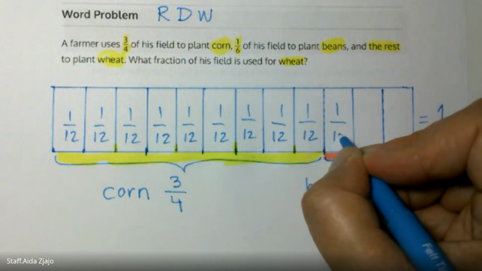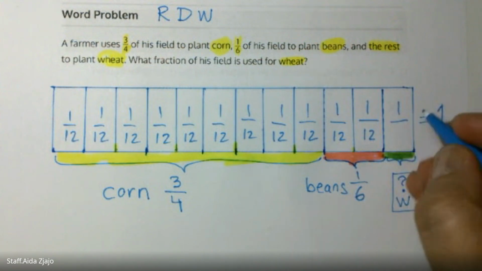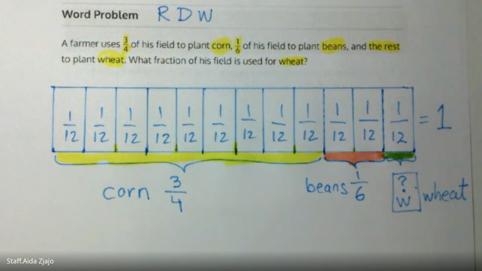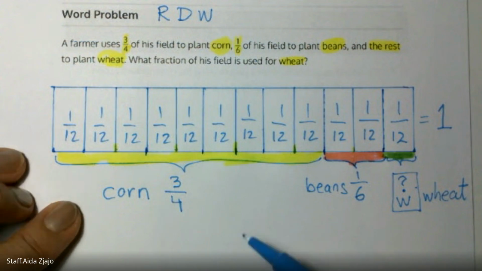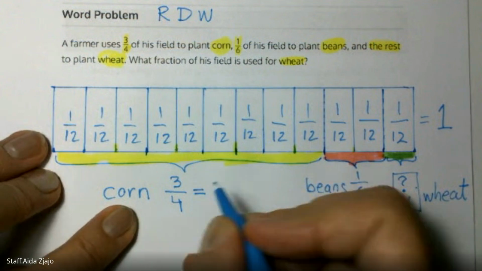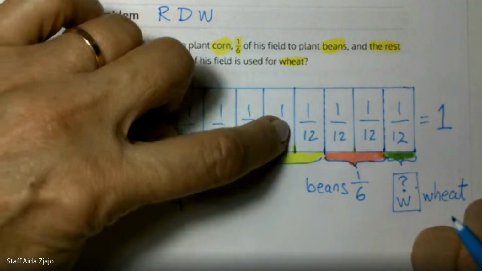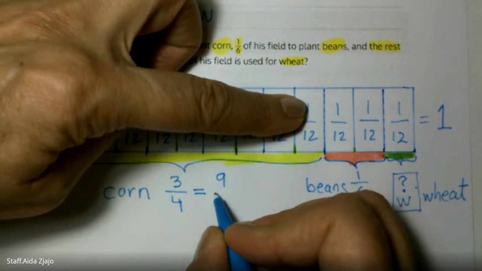When I have equivalent portions of the field, I can figure out how much each is. Corn is 3/4 of the field, but it is also 9/12.